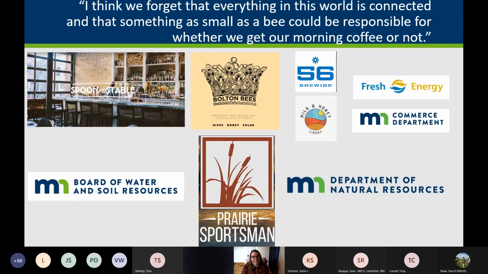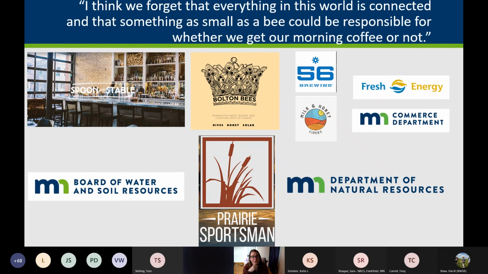This is just kind of an idea of how one small idea can blossom, well, pun intended, blossom, pollinator habitat. I never expected this when we started this project, but of course, we worked with our partners in the Board of Water and Soil Resources. Now we're working with our partners in the Department of Commerce.